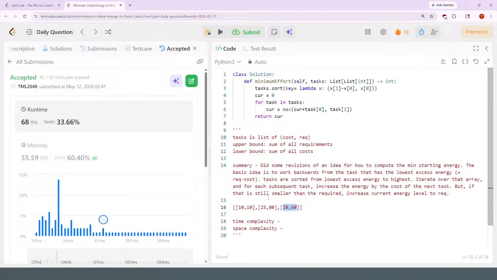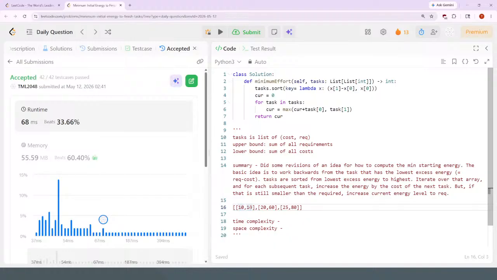This has 40 excess, so the sorting of this would be something like this in terms of lowest excess to highest excess task. 0 excess, 40 excess, 55 excess. So you need to start with 10 energy, and this has to be your final task. This final task would need to have 10 energy, using up the 10 energy to get you to 0 once this is done.